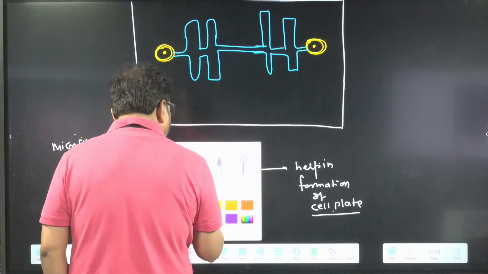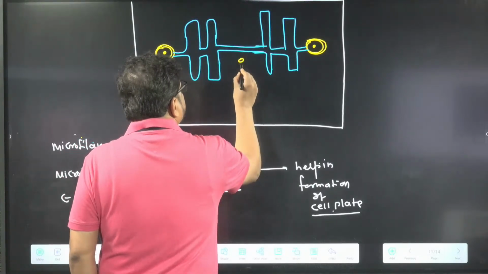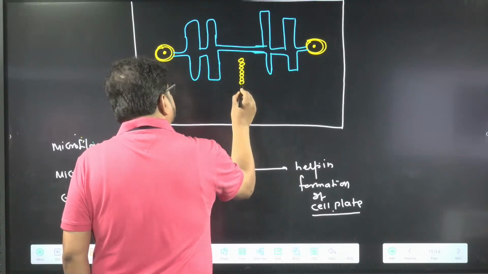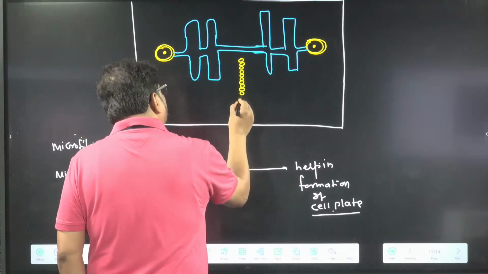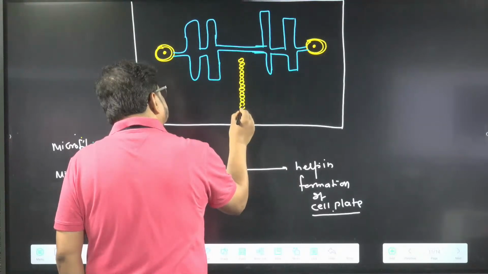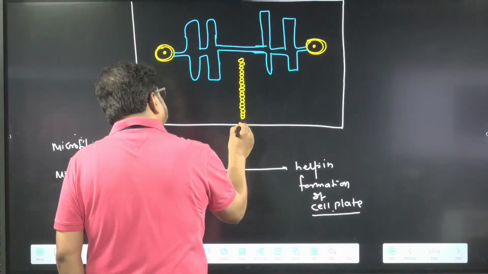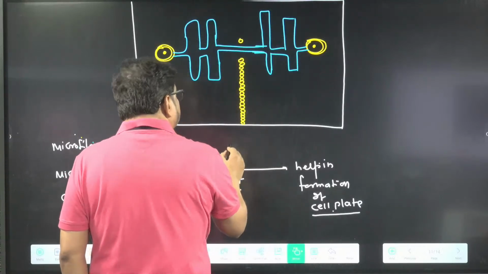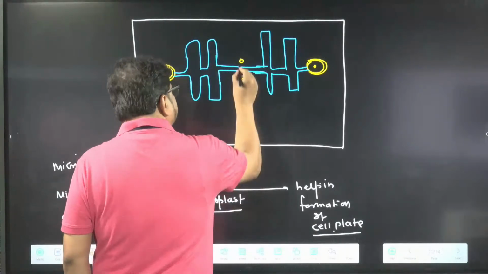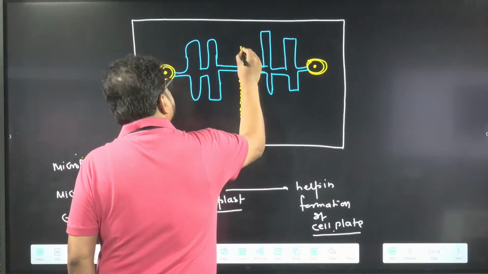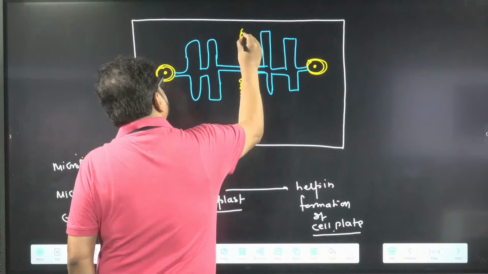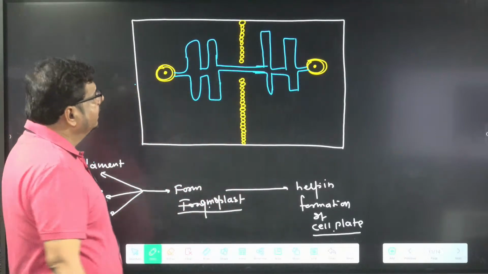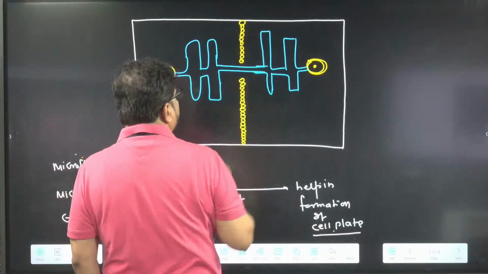Vesicles of the Golgi body assemble, and this assembly starts from the center and moves to the periphery. They are assembling like this. The Golgian vesicles assemble, and their assembly occurs in a centrifugal direction, from center to periphery.